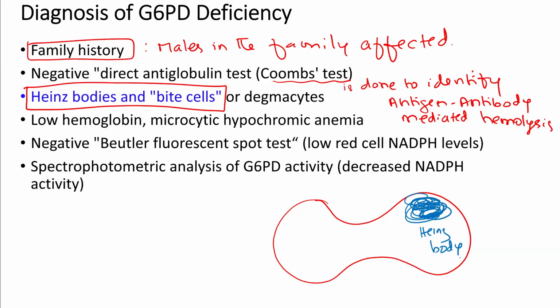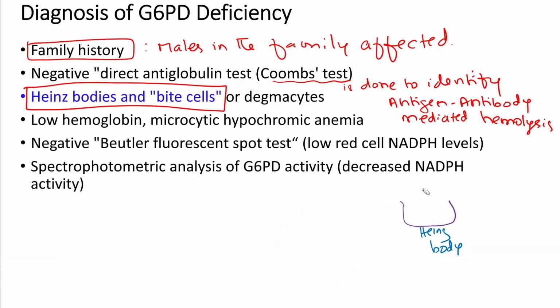So when you look at this particular type of red blood cell under the microscope, that precipitated part doesn't appear clearly. It appears something like this. Sorry, I'm going to rewrite that.